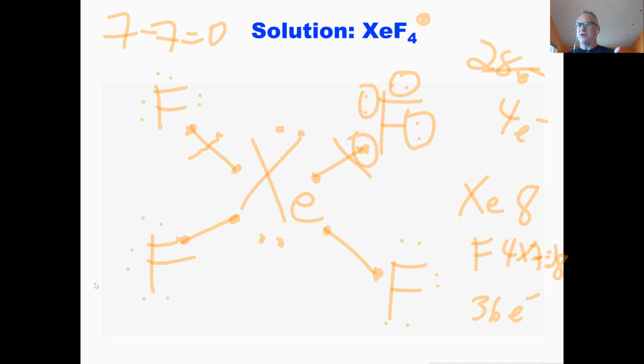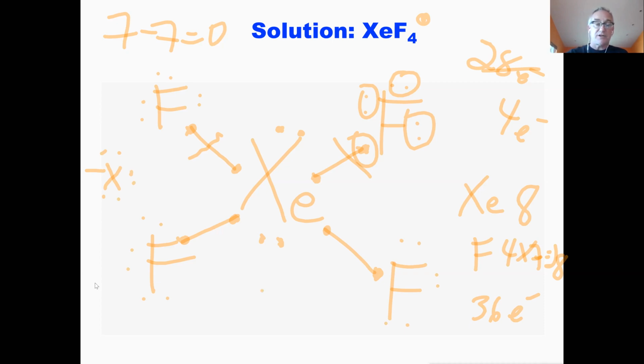And the more of these you do, you'll see that there's a pattern that reappears over and over again. Anytime you see a halogen with a single bond and 3 lone pairs, it's not charged because that's 7 valence electrons.